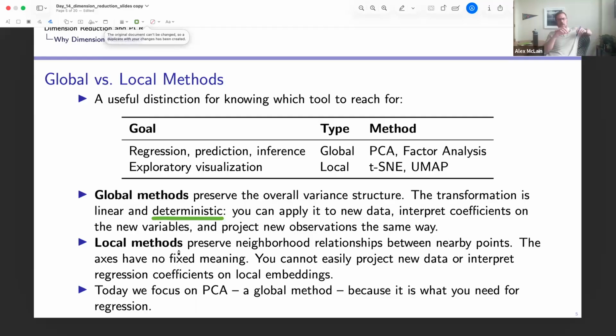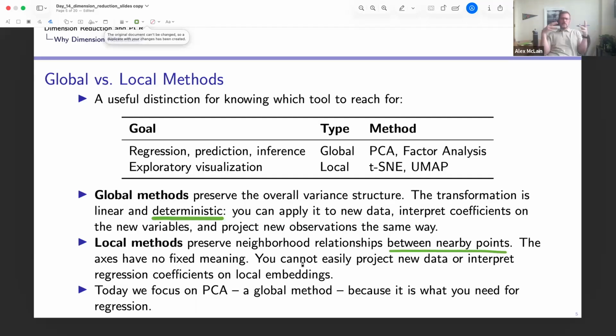With local methods, it's not as clear how we go from the big data to the small data. The mapping from this huge data set to this small number of variables is not as clear as it is with something like PCA. But what local methods are very good at is preserving neighborhood relationships between nearby points.